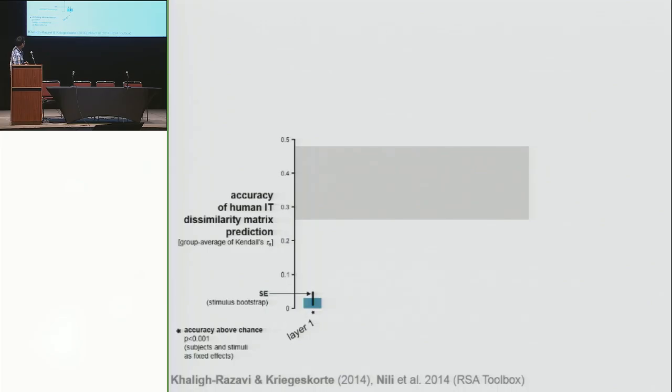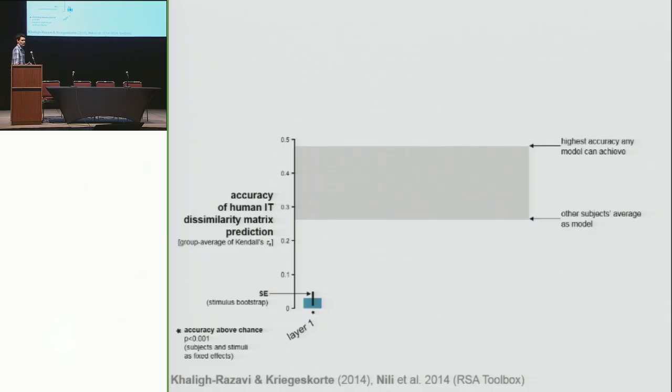So here's what we call the noise ceiling, where the upper bound of the noise ceiling is the highest accuracy that any model can achieve given the noise and the variability between subjects in the data. And the lower bound of the noise ceiling is the other subjects' average as model compared to each subject's RDM.